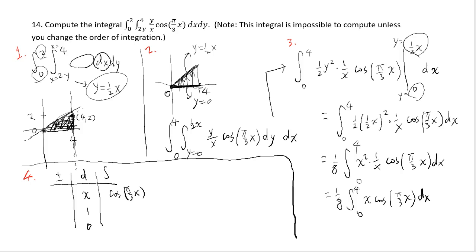Cosine, if you integrate, you get sine, and one thing that you have to be careful about is that every time you integrate, if there's something in front of x, the reciprocal of that number has to be brought up front. Okay. If you integrate sine, then you get negative cosine, so it's negative cosine pi over 3x. And again, because another 3 over pi comes, the reciprocal 3 over pi comes out, it becomes 9 over pi squared.